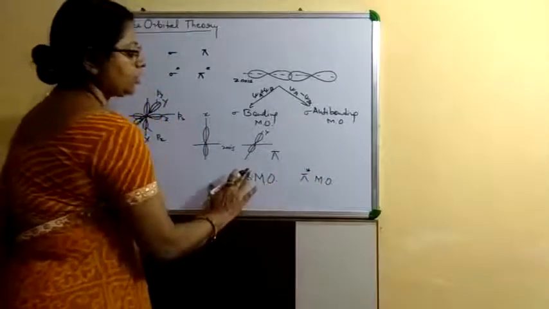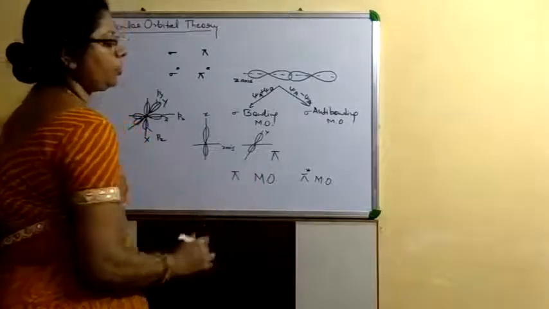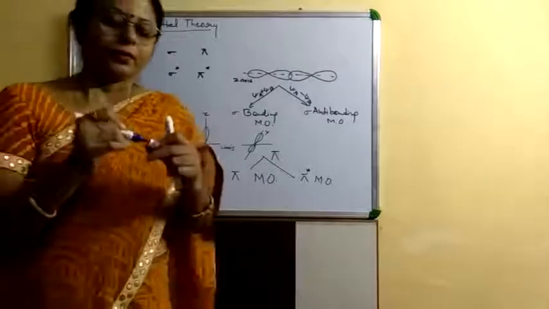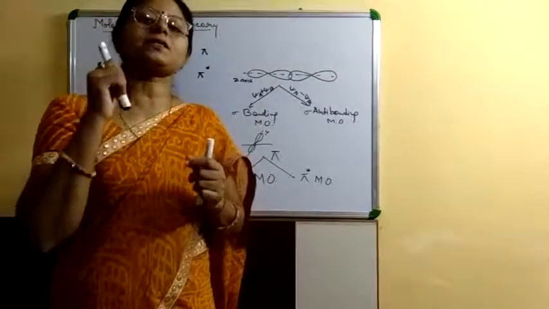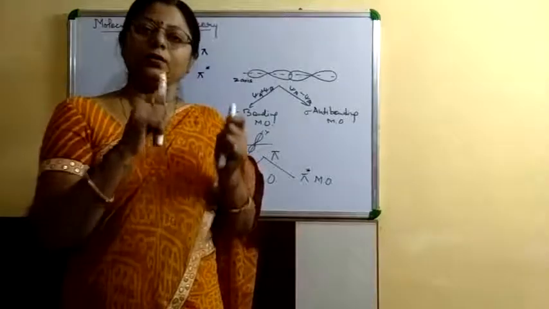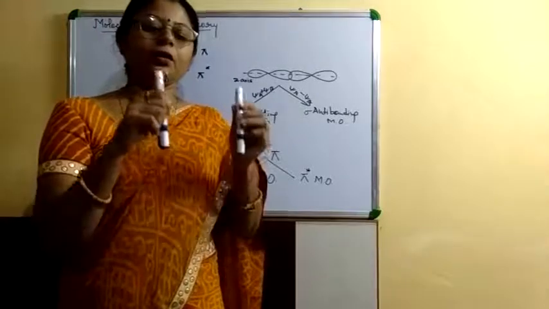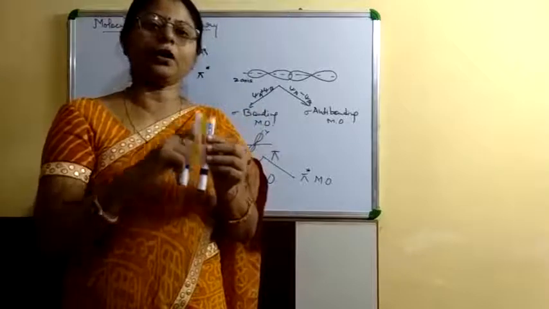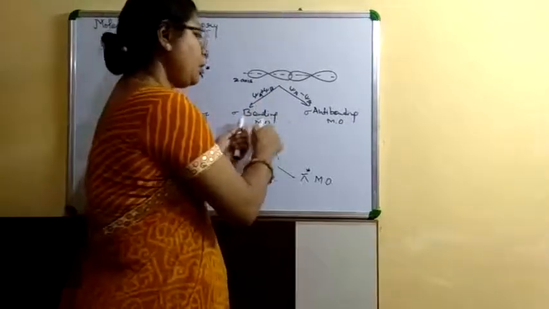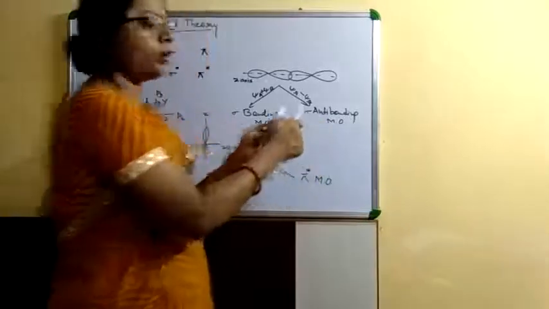This asterisk shows the antibonding molecular orbital. If the atom has 3 p orbitals, one p orbital combined with the other p orbital generates 2 molecular orbitals: one is sigma bonding, the other is sigma antibonding.